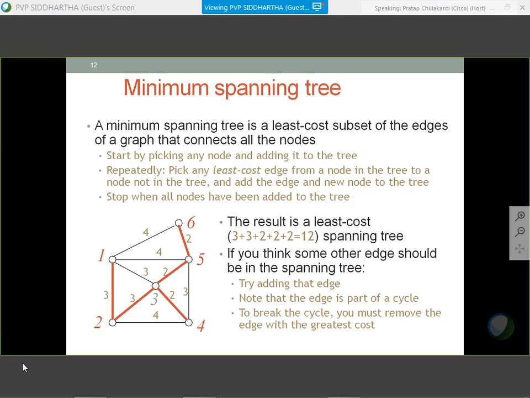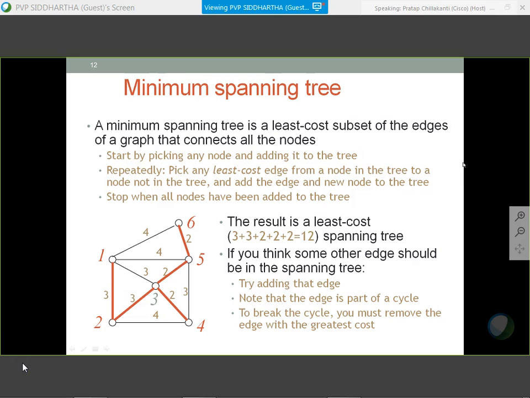So what did we learn here? We said we have a graph. From the graph, the goal is to get to a tree. A tree does not have any cycles, but graphs have cycles, right?